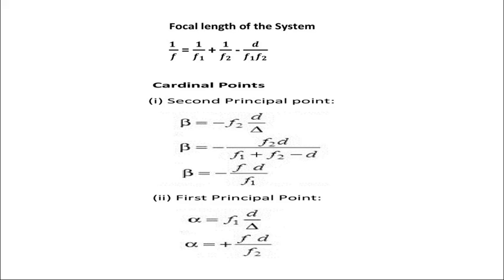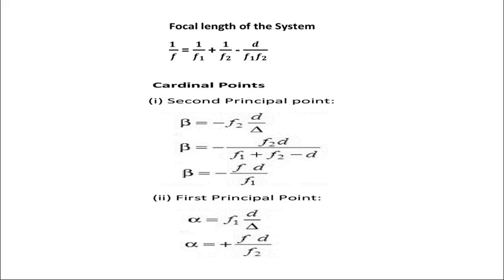The cardinal points. First one is the second principal point. It is given by beta = −f2 d/delta, or −f2 d/(f1 + f2 − d), or −fd/f1.